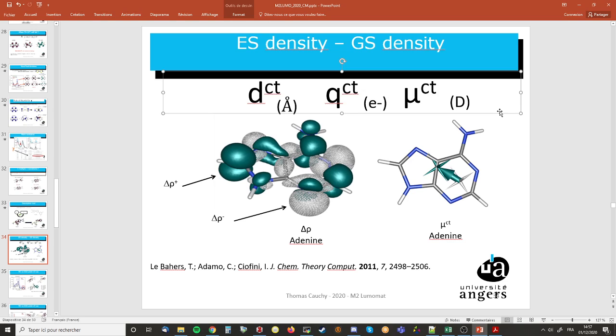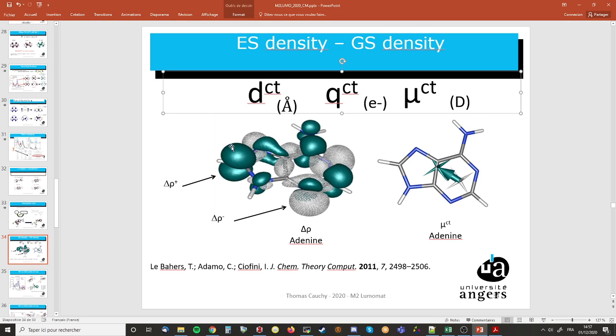That means in my hole. And the atoms that have seen no modification in the electronic density, that means that there is electron density of the hole and of the excited electron, this contribution disappears.